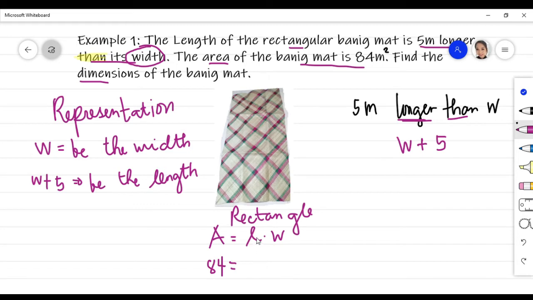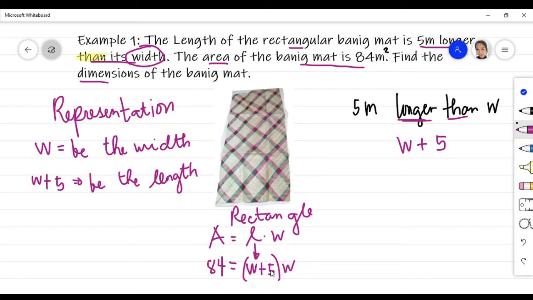What's our length? We will use W plus 5 as our length. And for the width, we already wrote W. Let's use the same variable, W.